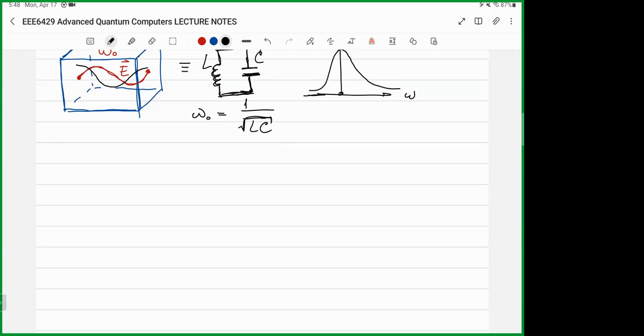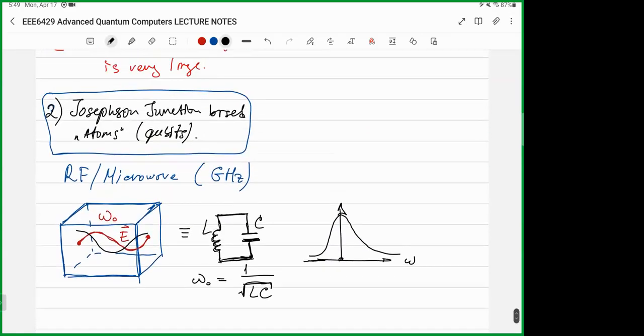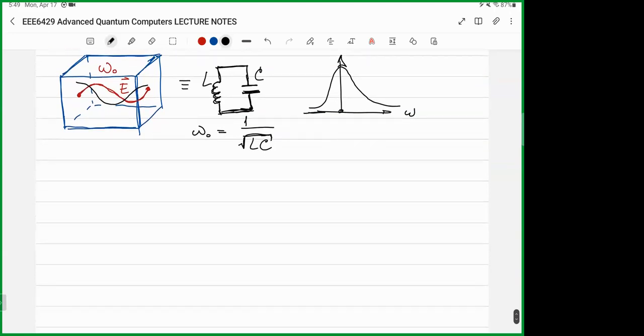If you consider this resonator at room temperature, it is already populated by many thermal photons. And in order to get rid of them, we have to cool the system down to very low temperatures to depopulate the states.